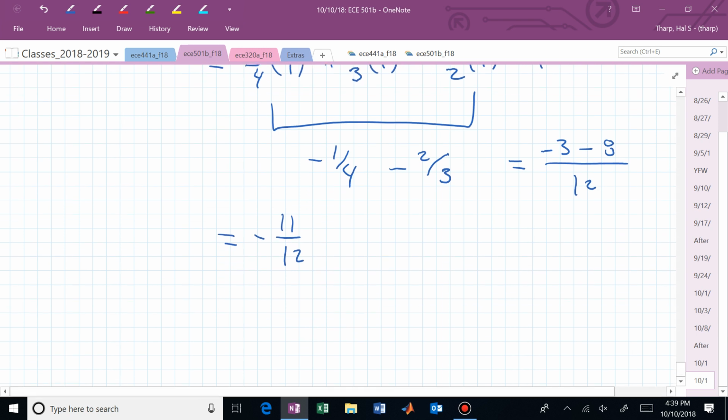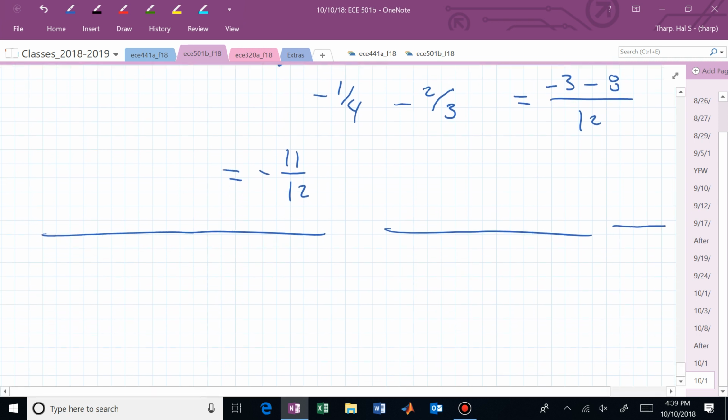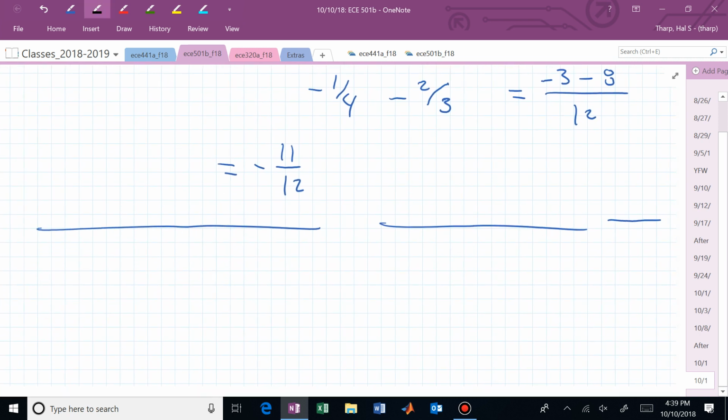So those inner products, even though they were different, are giving us similar information. Now, let's look a little bit more, and we will start to get a better feel maybe for what this inner product might represent or provide us with.